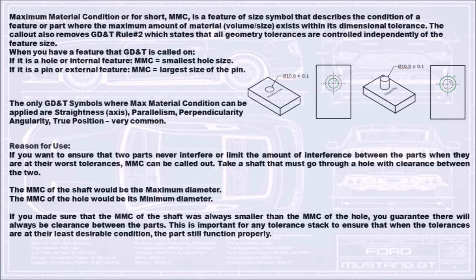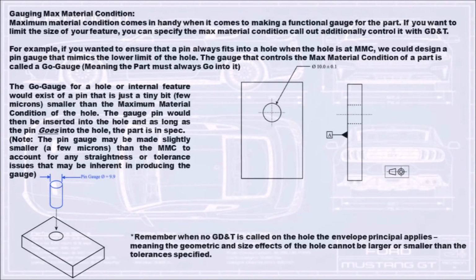The MMC of the hole would be its minimum diameter. If you made sure that the MMC of the shaft was always smaller than the MMC of the hole, you guarantee there will always be clearance between the parts. This is important for any tolerance stack to ensure that when the tolerances are at their least desirable condition, the parts still function properly.